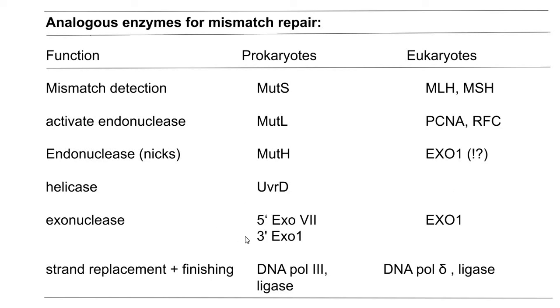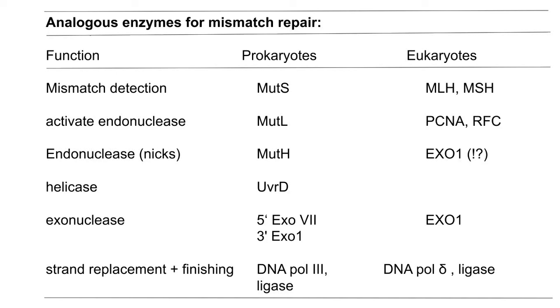And the exonuclease could be 5' exo or 3' exo, and we will talk about why there are two, 5' or 3'. You can think about it: it depends on where MutL and MutH are bound on the DNA strand.